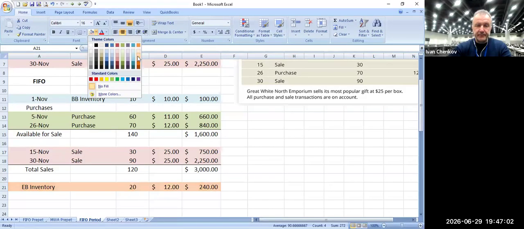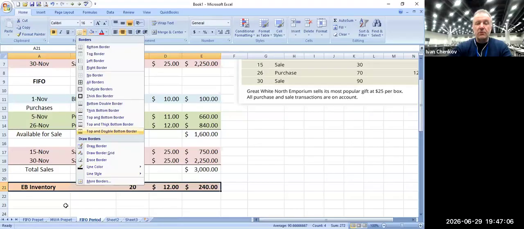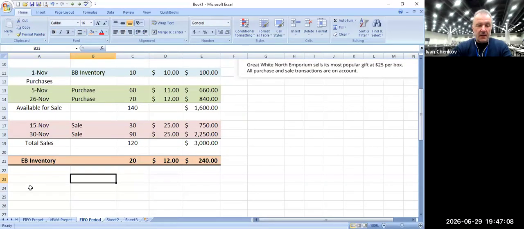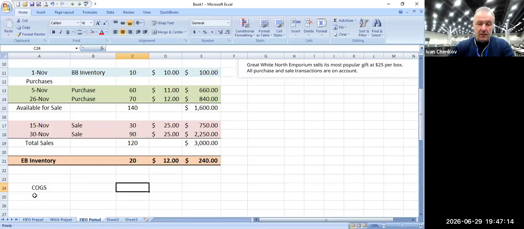Great. We got the ending inventory. What do we have to get now? Cost of goods sold. How are we going to get the cost of goods sold? We can easily see how many we sold. We already know that we're selling 120. The question is, how much is the cost of those 120?